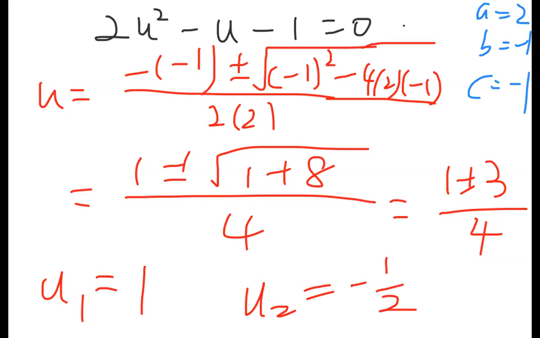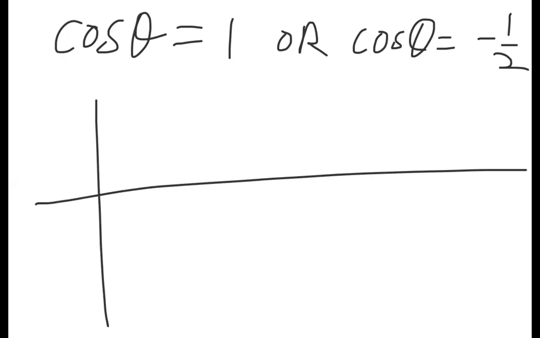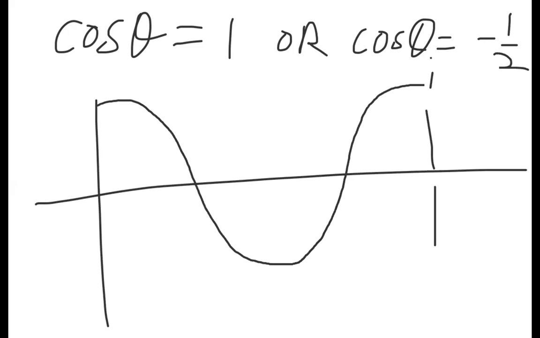Right. Because u is our variable to represent cosine, so now it becomes cosine theta is equal to 1, or cosine theta is equal to minus 1 half. Again, to solve trig equations like this, we basically draw the graph of the trig function. This is the graph of cosine theta.